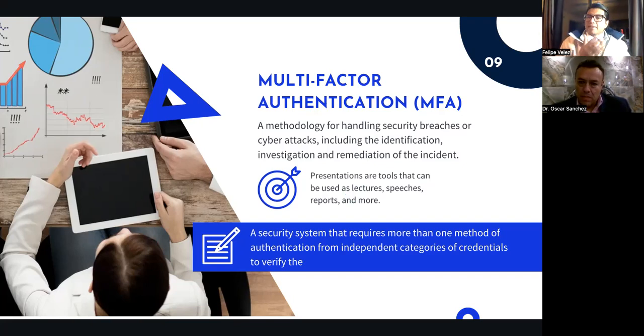Note, a security system that requires more than one method of authentication from independent categories of credential to verify the identification.